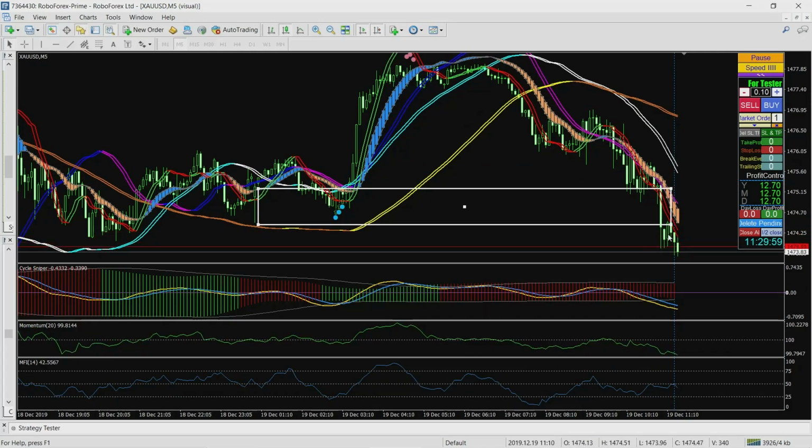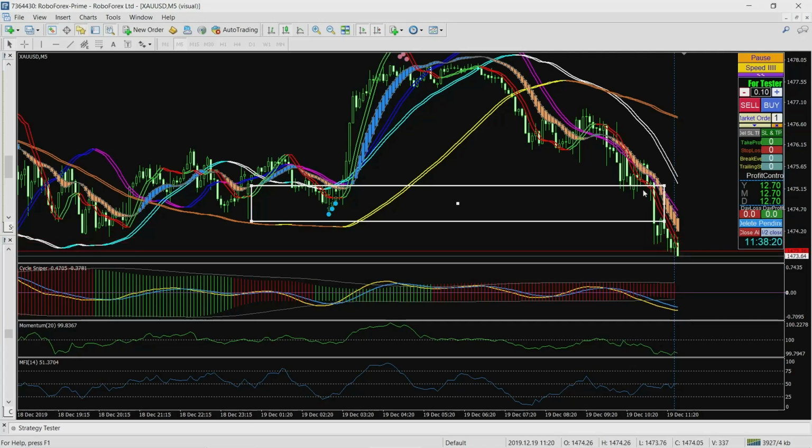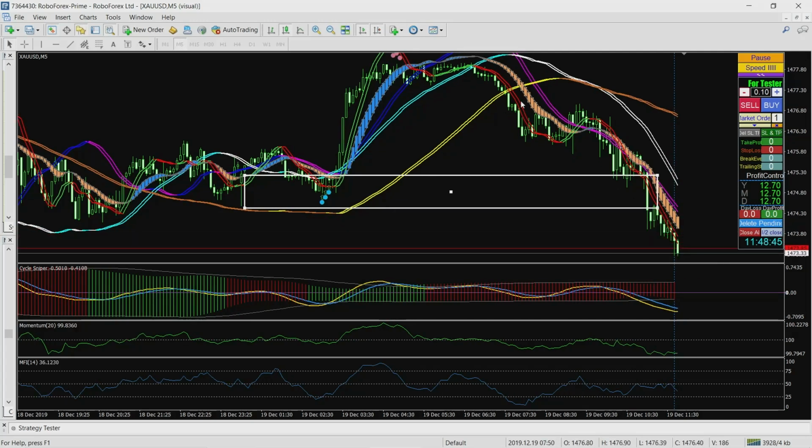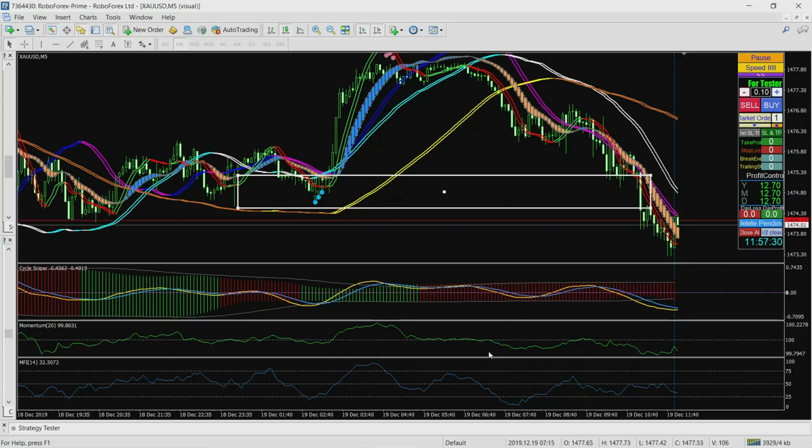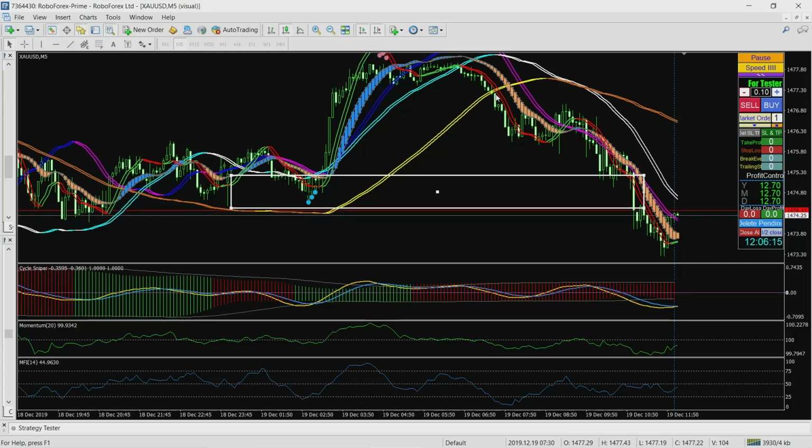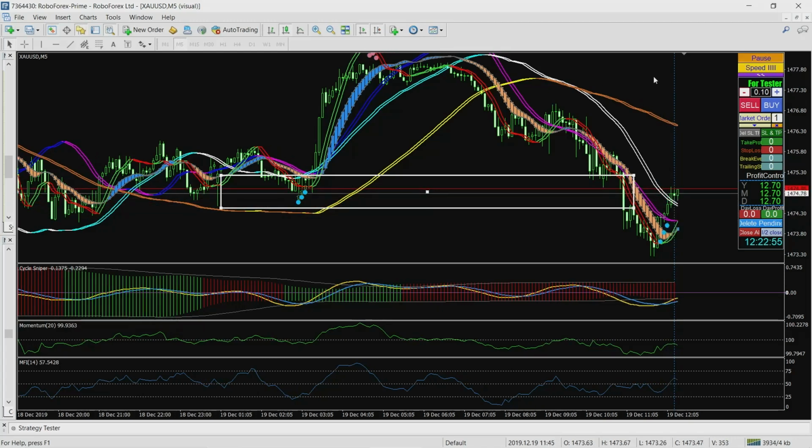Done. As you see, target reached. It continues to go down. You could take partial profit. I just try to show you the strategy, a simple strategy. Now we got a buy signal from Cycle Sniper. Money flow is okay. Momentum didn't confirm, so I will wait.